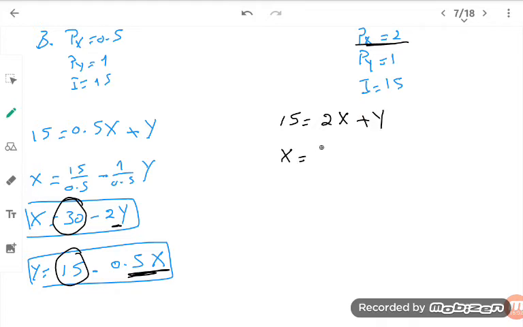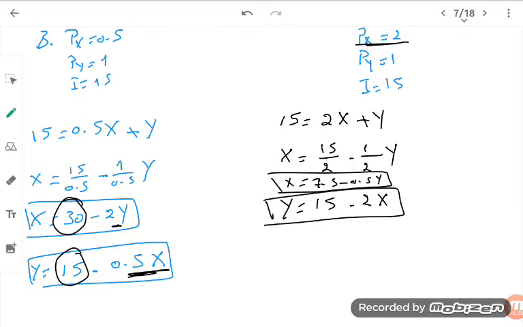X equals 15 divided by 2 minus 1 divided by 2 y. With respect to y, it's 15 divided by 1 minus 2 divided by 1 x. 7.5 minus 0.5 y.